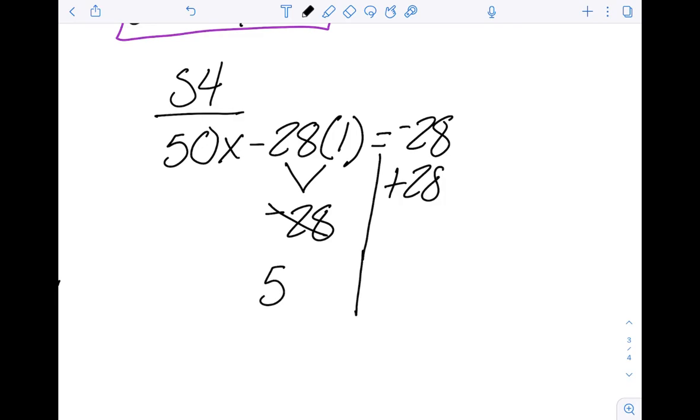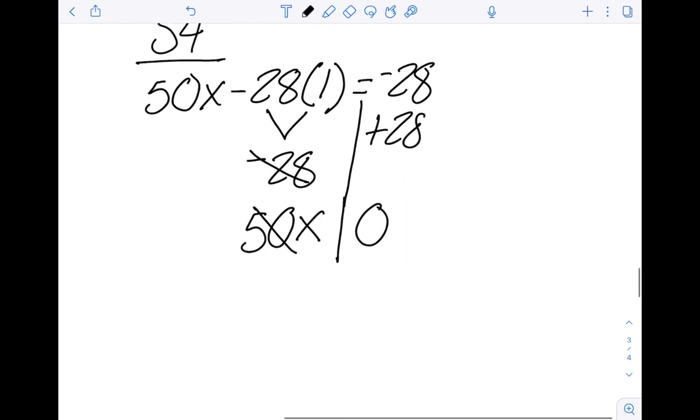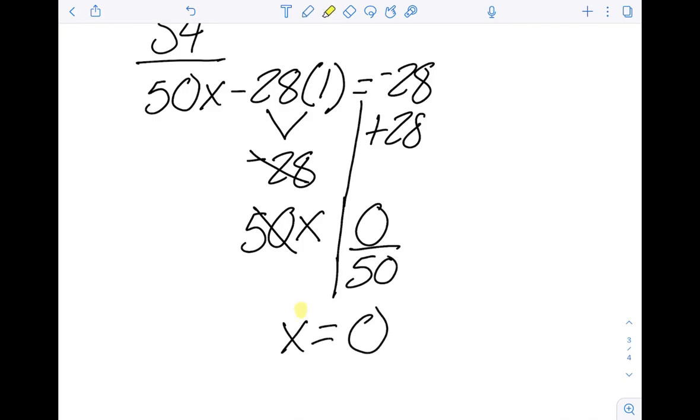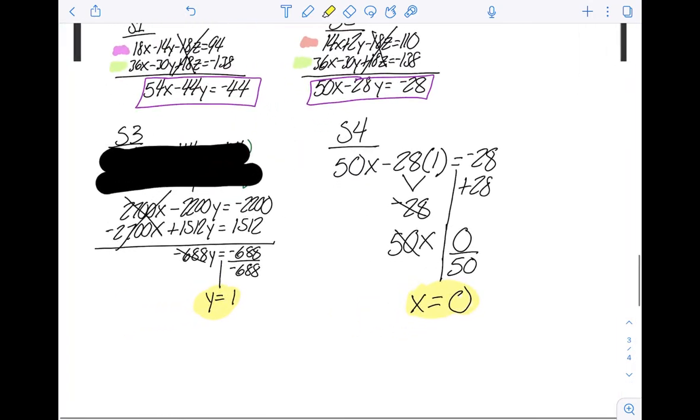So I get 50x, negative 28 plus 28 is 0. The opposite of multiplying by 50 is dividing by 50. So I get x is equal to 0. And look at this. I have found my x. So now I have y and I have x, right?